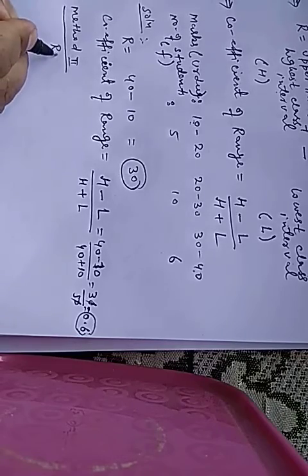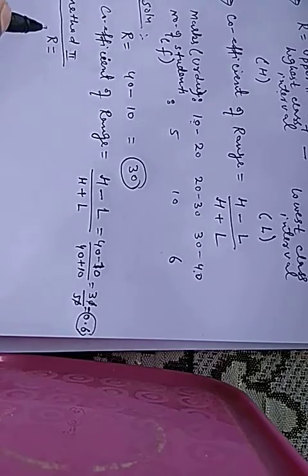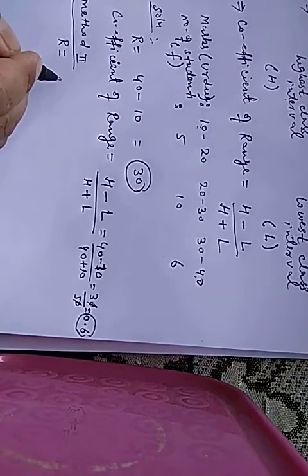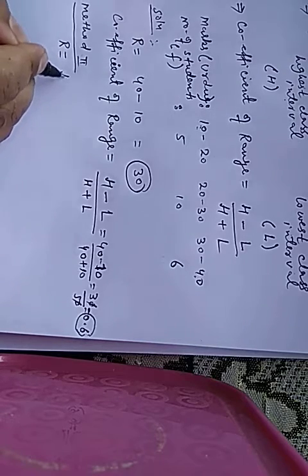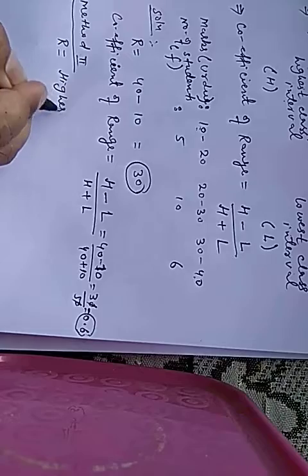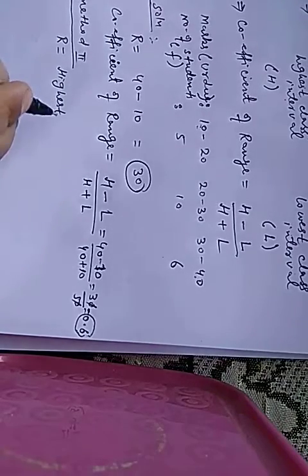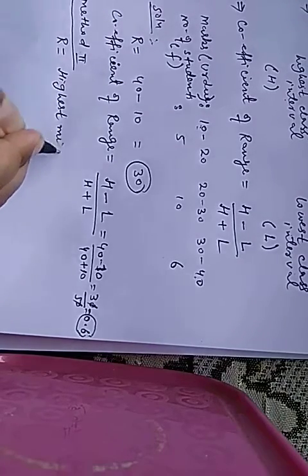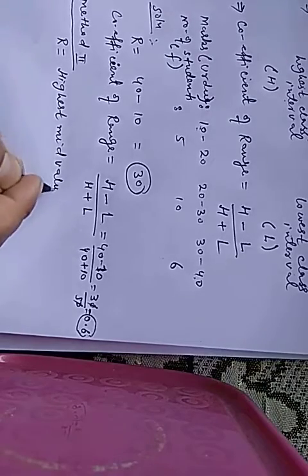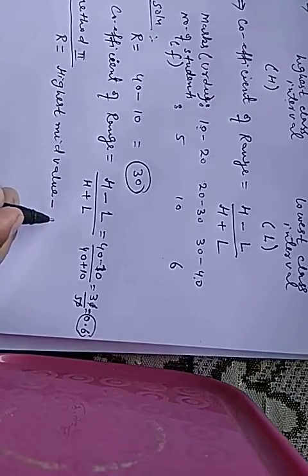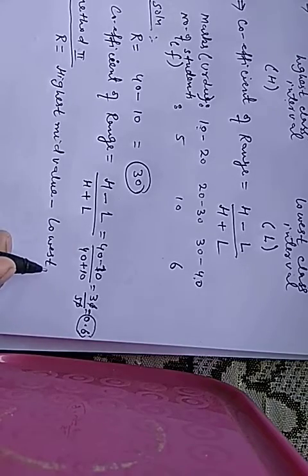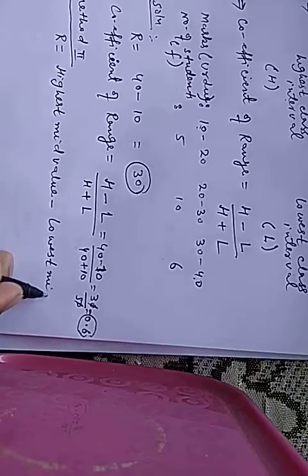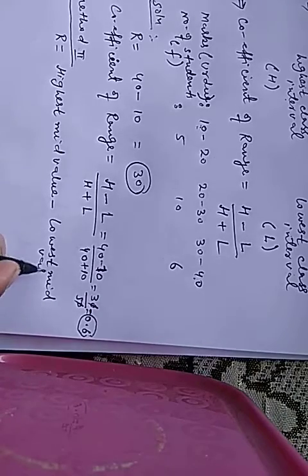The formula for calculating the value of range in the second method is highest or largest mid value minus lowest, or we can write smallest, mid value.